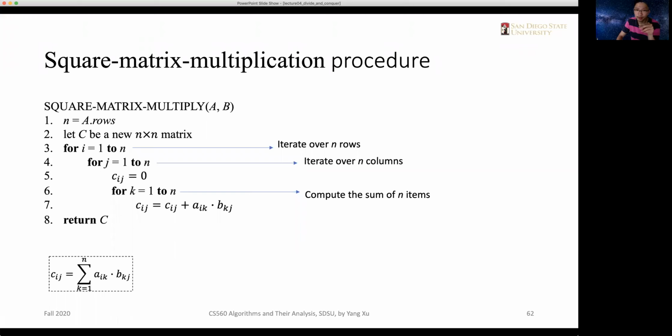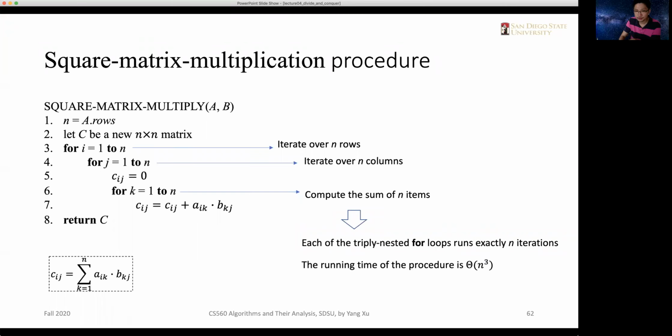Okay, and within that for loop, we accumulate all the products into the element C_ij. Okay, so it's easy to guess how much running time this triple nested for loop will cost us, right?